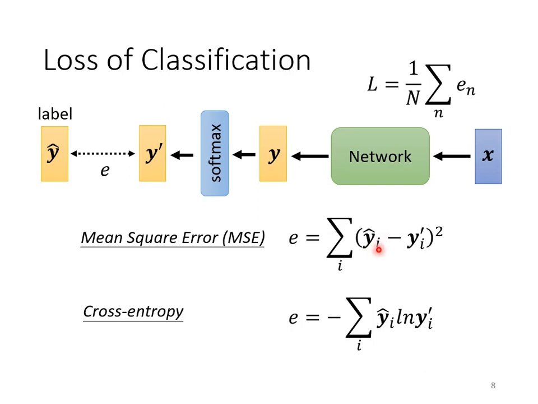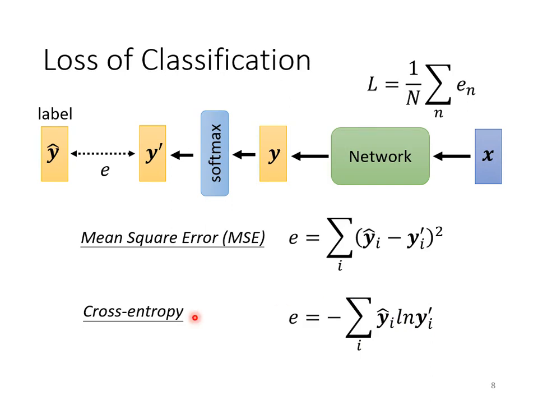But there is another more practical and more common way, which is called cross-entropy. The formula may seem weird at first glance. What does this cross-entropy mean? Let's take a look now. What does this cross-entropy formula look like? It is a summation over all i. Then, we take out the ith element of y hat and multiply it by the natural log of the ith element of y prime and sum them up.